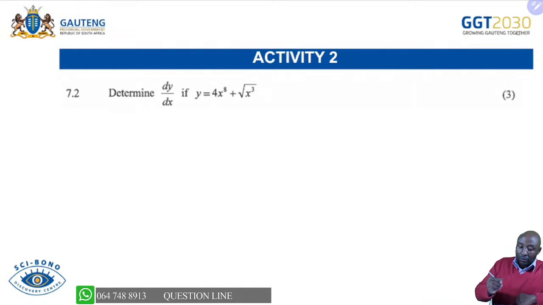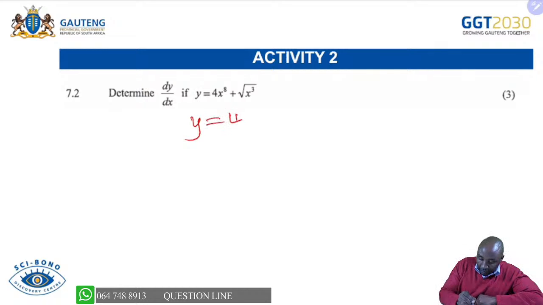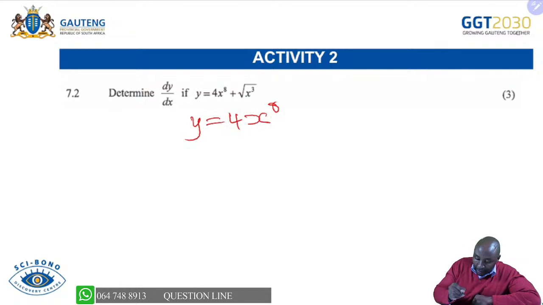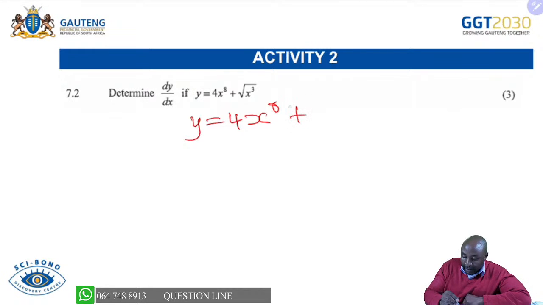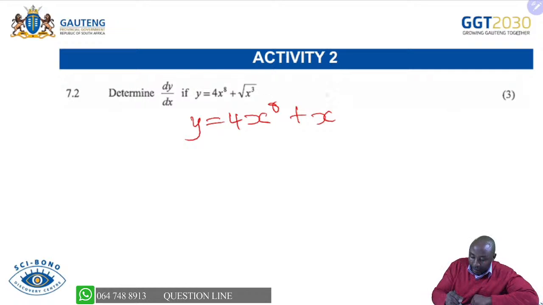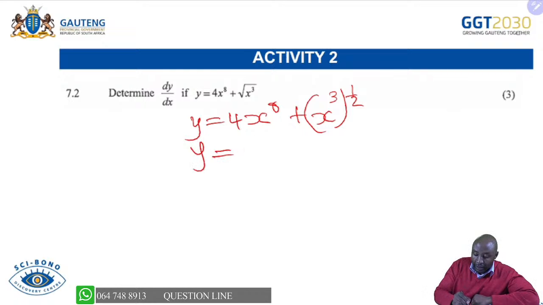7.2, we are simply going to find the derivative. We are saying our y is equal to 4x to the power 8 plus, we change that one, it becomes x to the power 3. We know that square root is power half. So we can write this as y is equal to 4x to the power 8 plus x to the power 3 over 2.